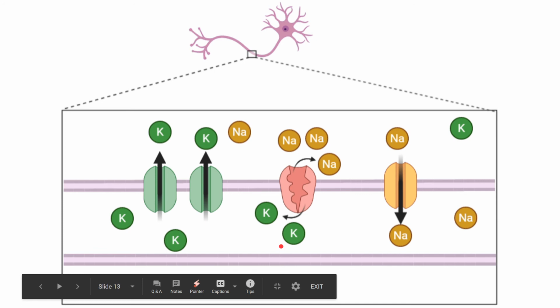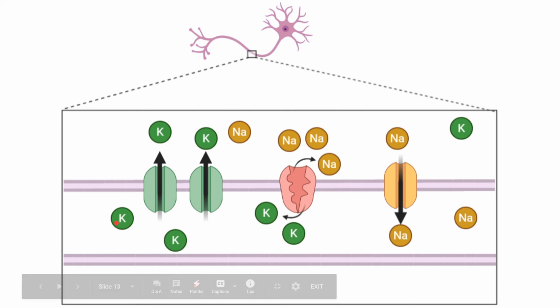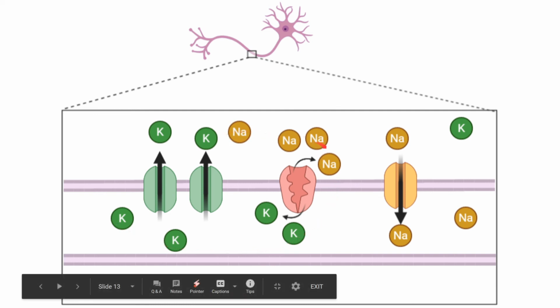The overall result of this is that there's always a higher concentration of potassium inside the cell, and always a higher concentration of sodium outside the cell. The difference in those concentration gradients creates the membrane potential. So basically, the inside of the cell is always a little bit more negative than the outside, because so much more potassium is leaving, the inside becomes negative.